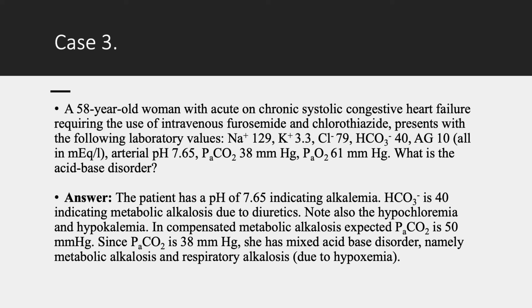So it should go up by about 10. So it should be about 50. The PaCO2 here is not 50, it's 38. So we have mixed acid-base disorder, metabolic alkalosis due to diuretics, and respiratory alkalosis due to hyperventilation due to hypoxemia. And look at the PaO2, it's 61.